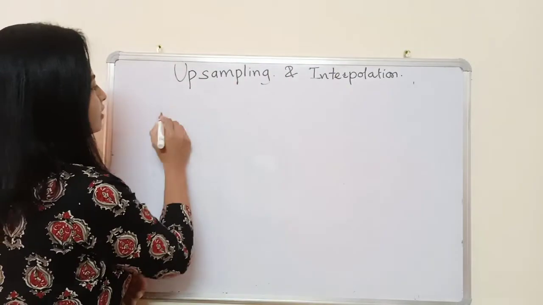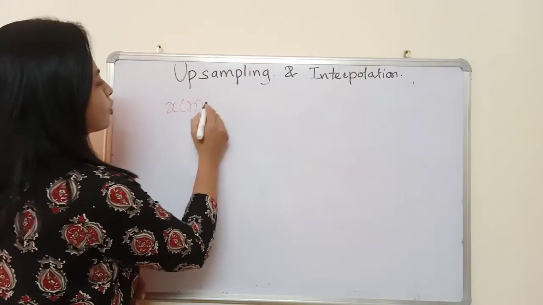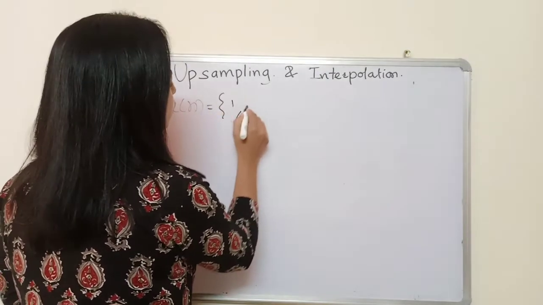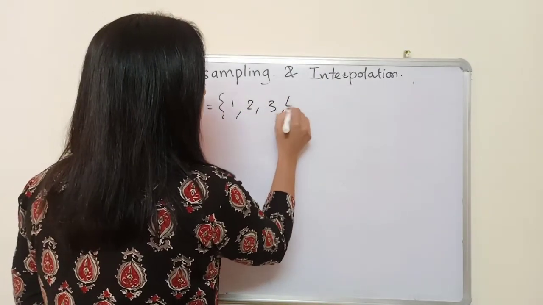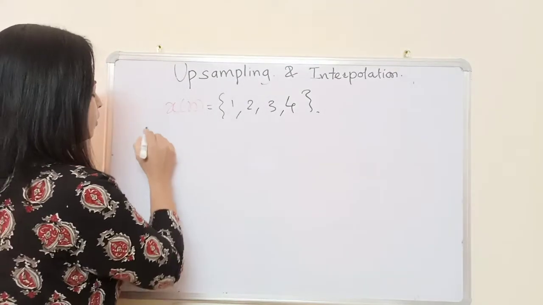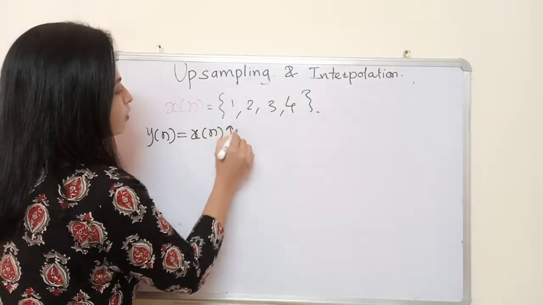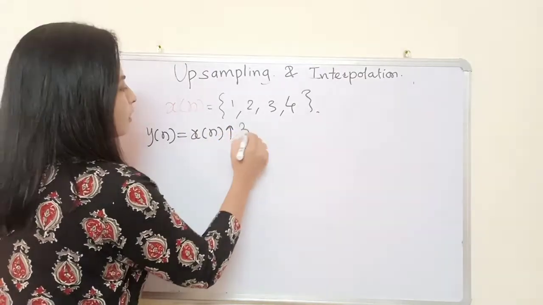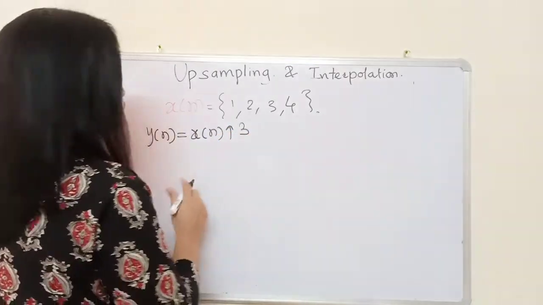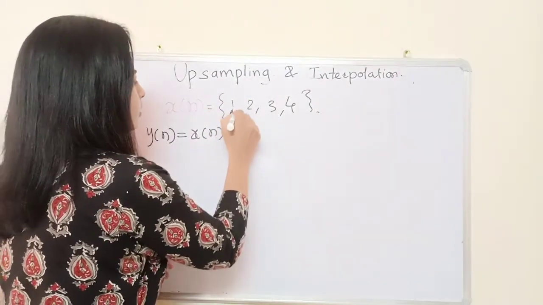So first take one example, signal x of n. X of n is, suppose, a signal 1, 2, 3, 4. And we want to upsample that. So y of n is an upsampled version by a factor of 3, say. So for a single sample, we want 3 samples like this.